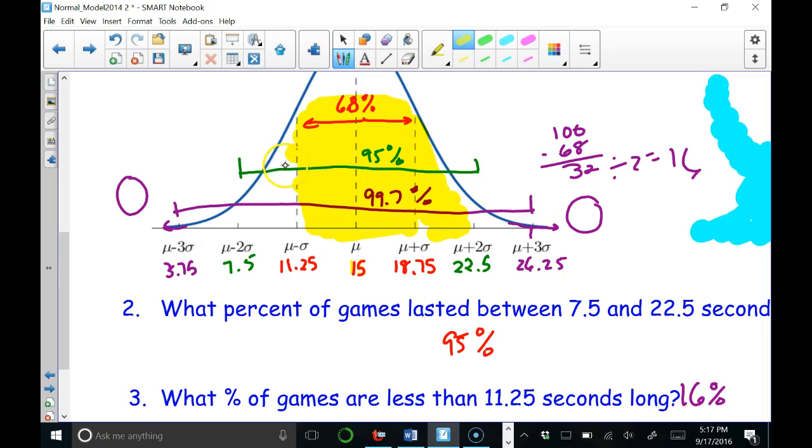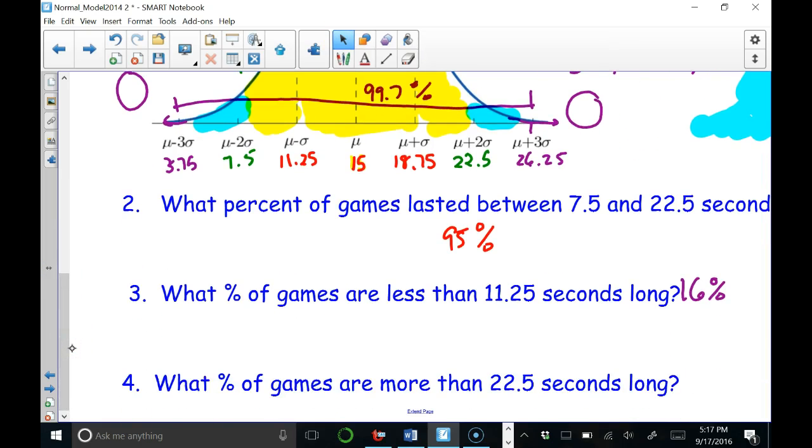What I've just done is on both sides, I've now gone out 2 standard deviations. That means what's left above it and below it is 5%, and I'm taking half of that, so the answer to the last question should be 2.5%.